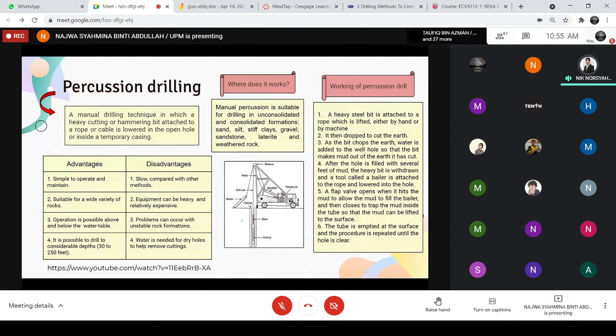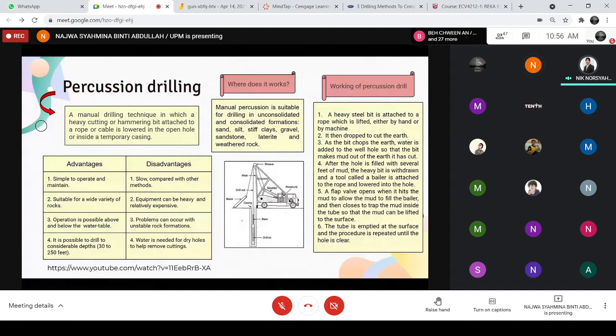So as an engineer you need to know which method is suitable for your site, and how to find out whether your site contains clay, silt or sand. We already did the desk study, remember? Okay, right, thank you.